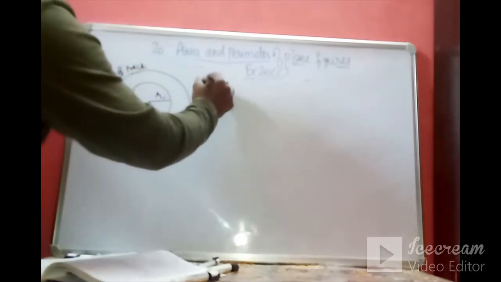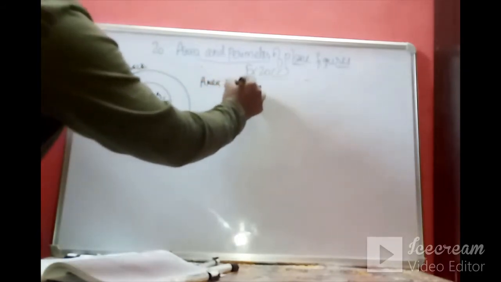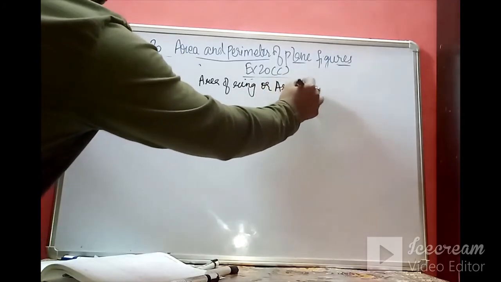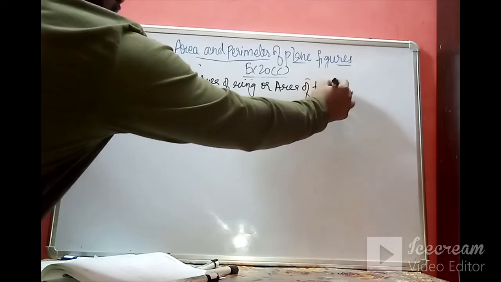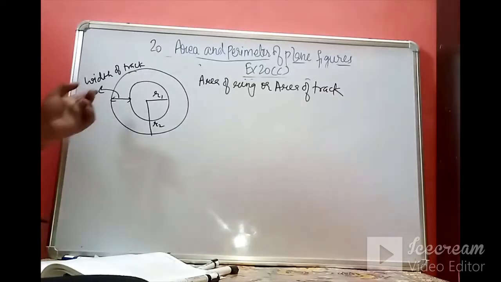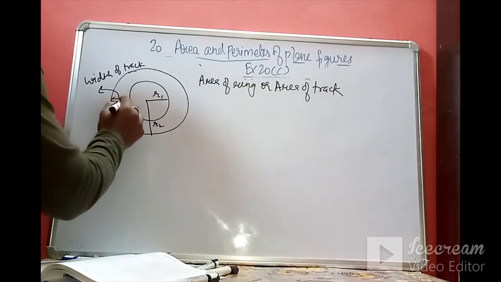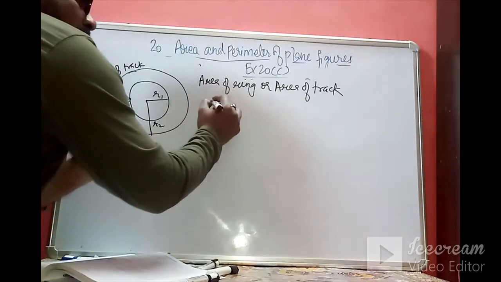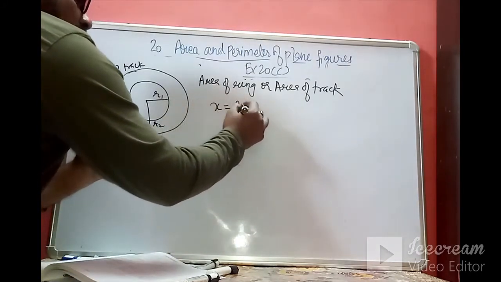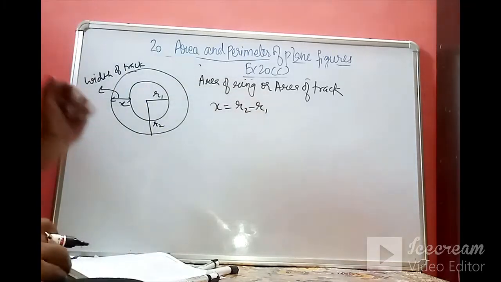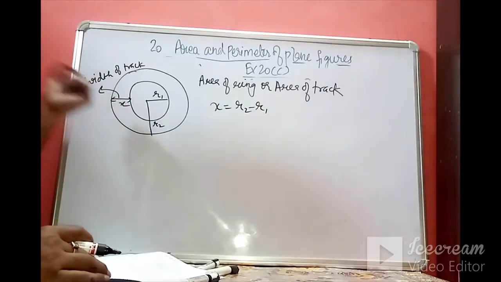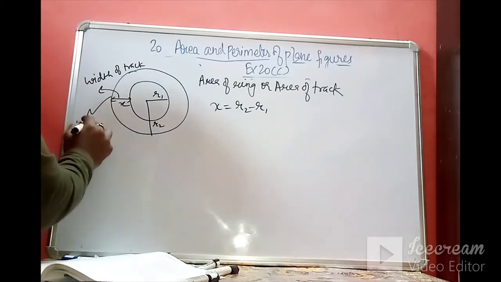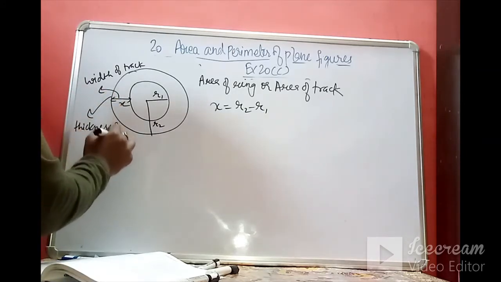Okay, area of ring or area of track, in both the cases we will use the same concepts. So this is known as the width of the track. Let it be x. So what we know, x equal to r2 minus r1. This will be the thickness of ring. Okay, this we can also call the thickness of ring.